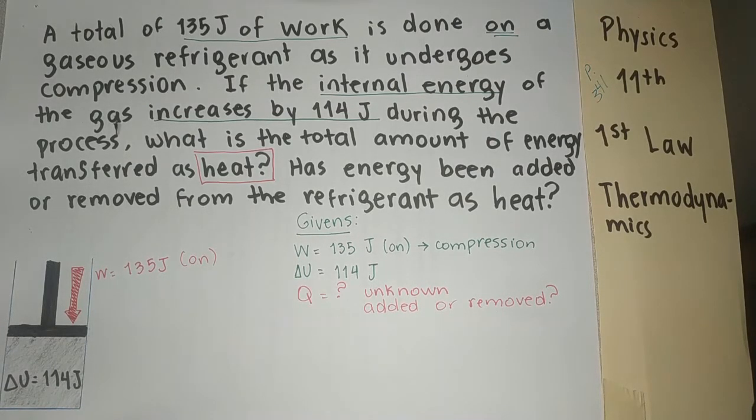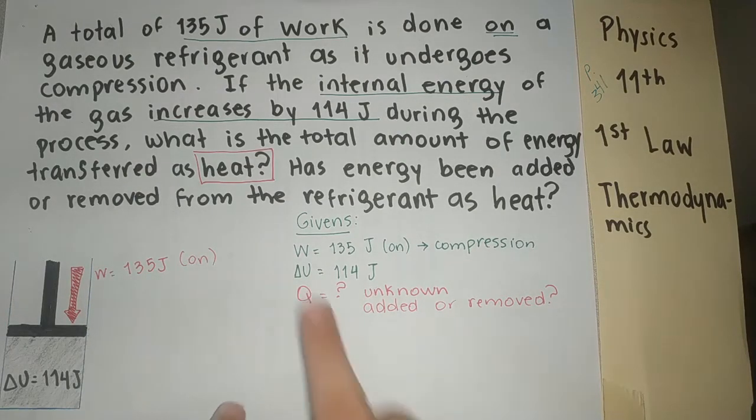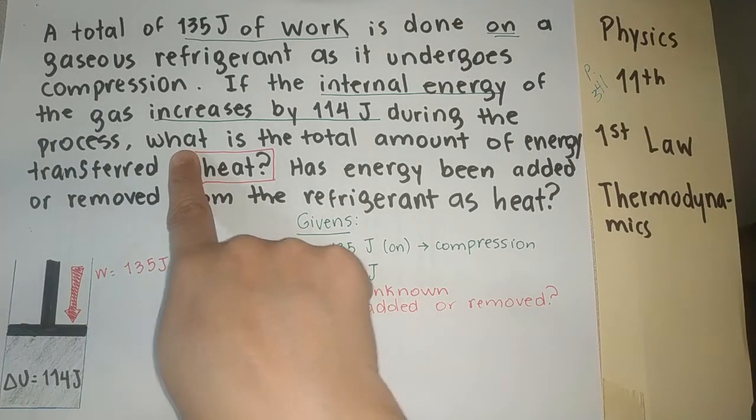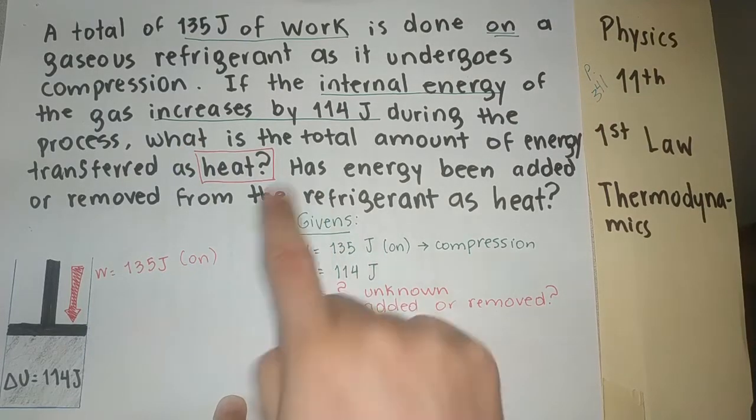If the internal energy of the gas increases by 114 joules during the process, what is the total amount of energy transferred as heat? Has energy been added or removed from the refrigerant as heat? So we have to answer. As you can see, we have one question over here and the other question right over here.